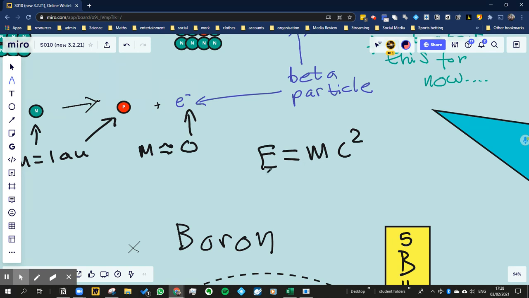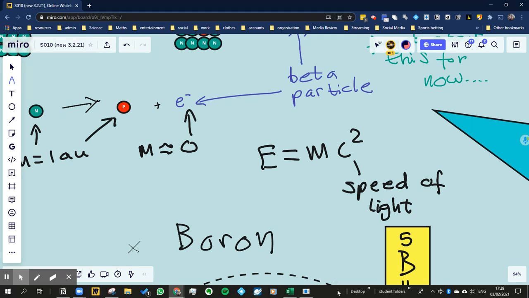So let's say that I had 1 kilogram of matter, and I turned it into pure energy, then the value of that energy would be equal to that 1 kilogram, so 1, multiplied by c squared. So c is the speed of light, and what some people get confused with is thinking that the thing that is moving is at the speed of light.